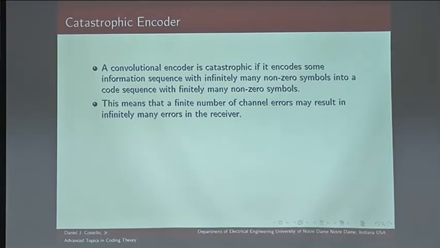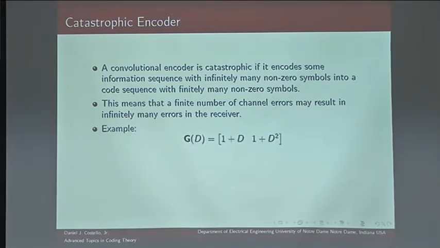Or to put it a little more practically, you don't want a small number of errors on a channel to result in a large number of bit errors in decoding the information sequence. So this is what you're trying to avoid.